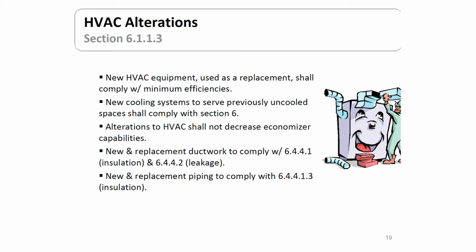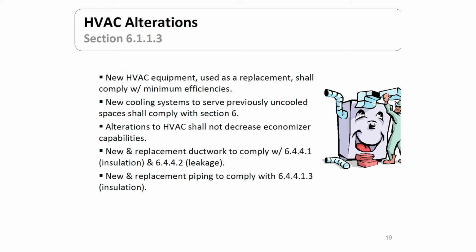Alterations to HVAC shall not decrease the economizer capabilities. So if there's already an economizer cycle in the system, you cannot decrease its capabilities. The new and replacement ductwork, of course, has to comply with those particular sections that we covered a few minutes ago on insulation and duct leakage.